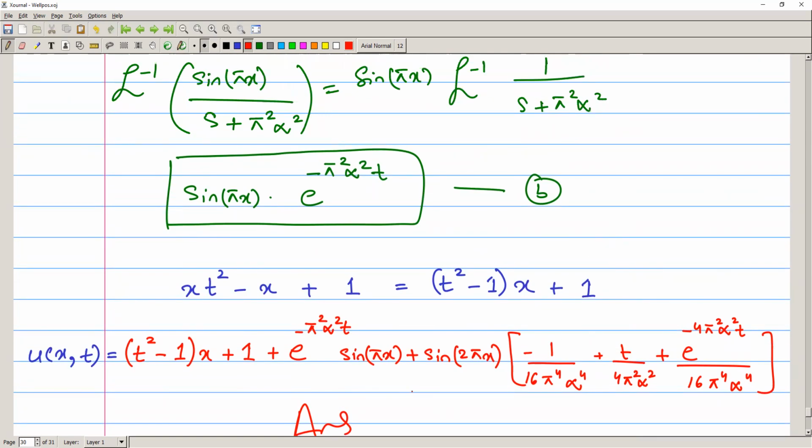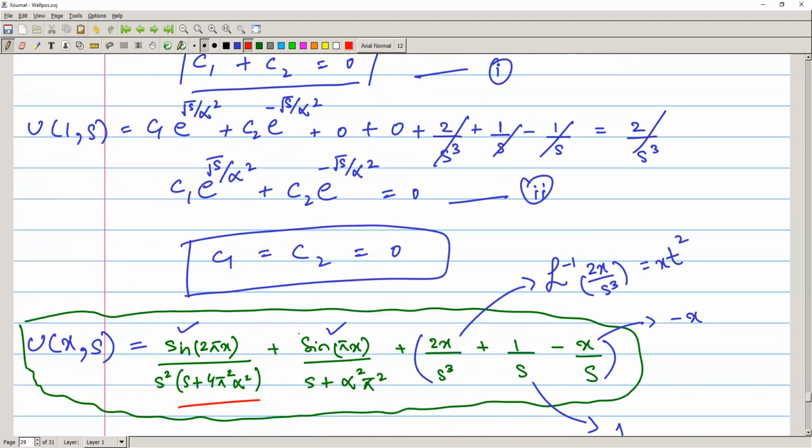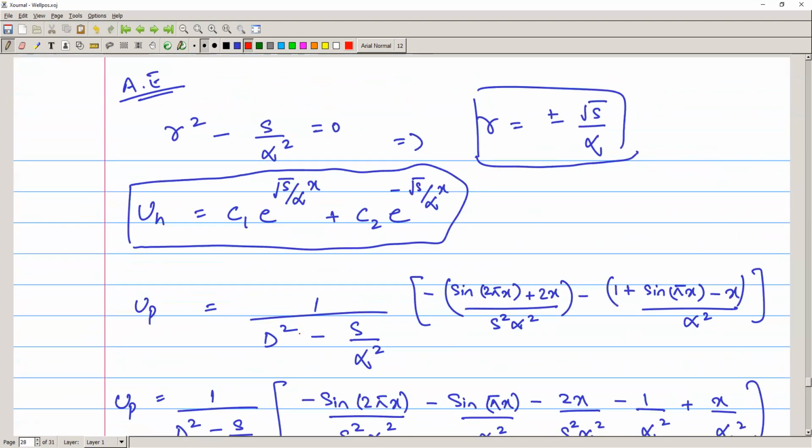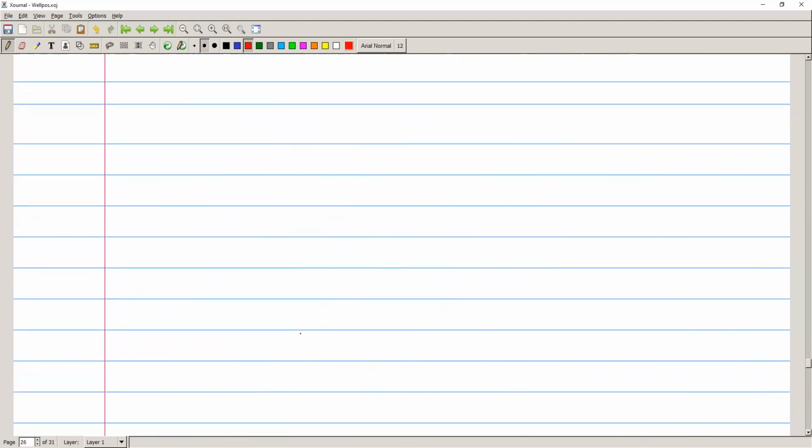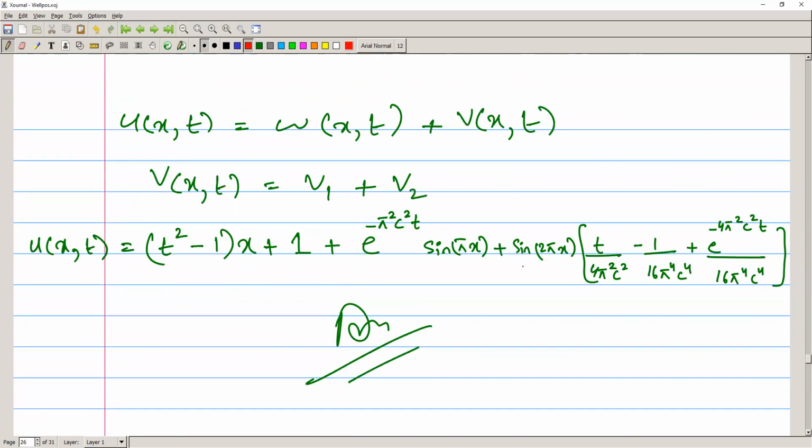And we can see that this solution that we got here, we can compare it with the solution that we got from Duhamel's principle. So they are the same, right? You can see this is the solution here. And now we get back to the solution we found using Duhamel's principle. And here, this is the solution.